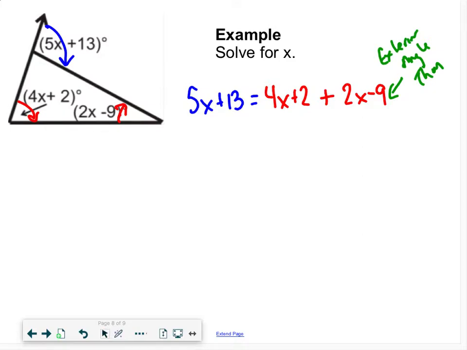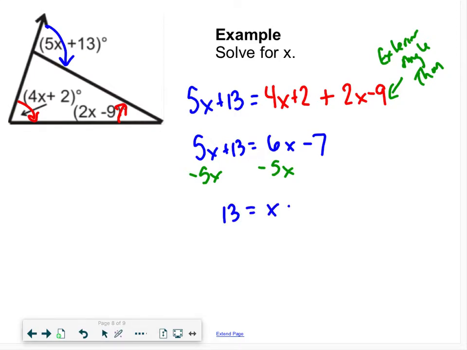Combine like terms. 5x plus 13 equals 6x subtract 7. I'm going to subtract a 5x from both sides. And I'll show my thinking on this particular problem. Make sure that we are all on the same page.